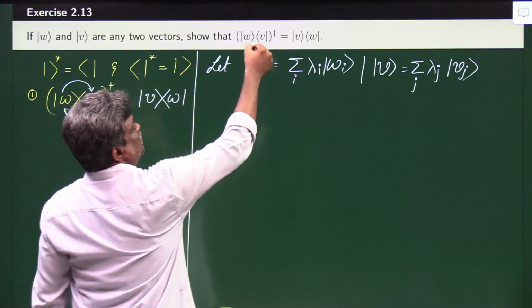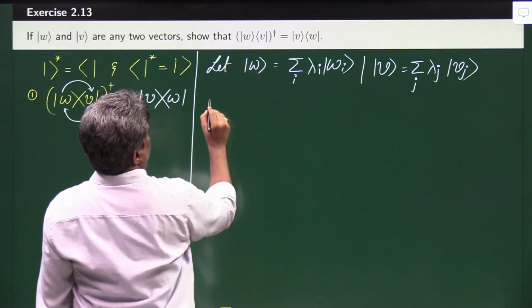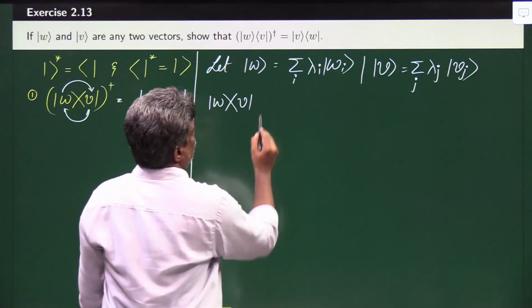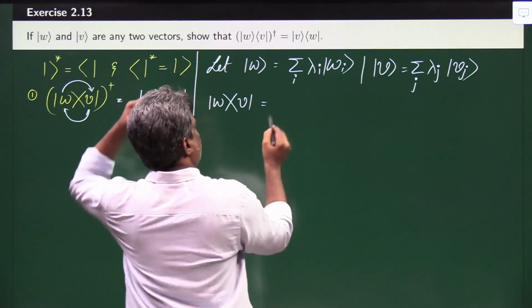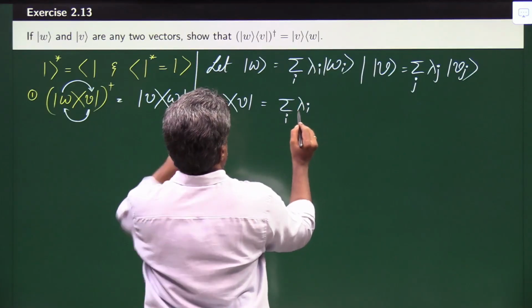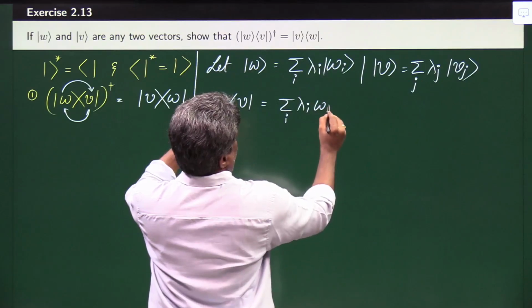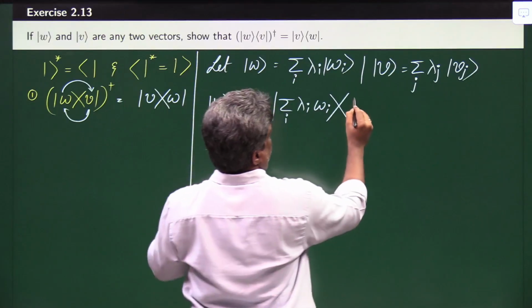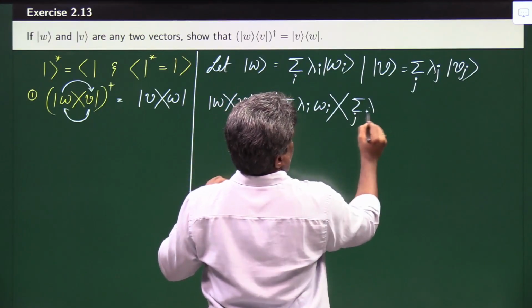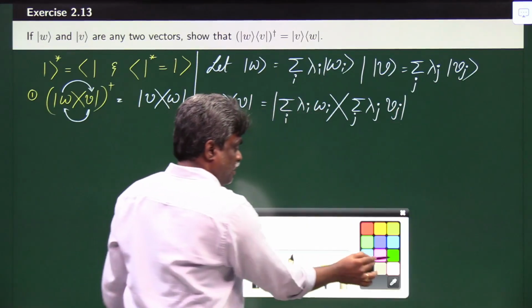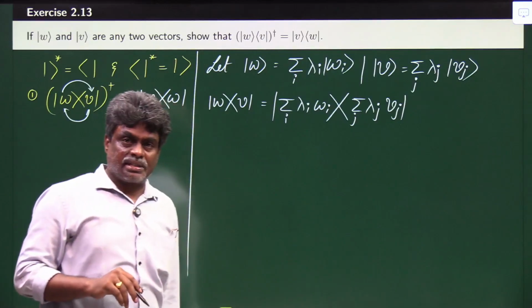Now I am taking this outer product, W and V. So this is nothing but summation over I, lambda I, Wi, which is in the ket vector, and this is in the bra vector, summation over J, lambda J, Vj.